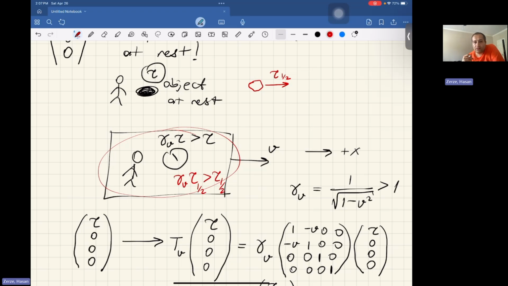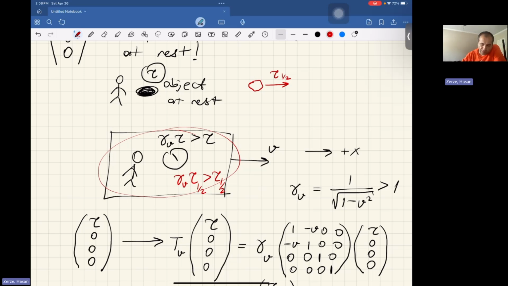So observers moving at a certain speed will measure the half-life or the decay time of some material to be longer. This could be taken the other way around as well. If you are at rest as an observer, but the object is moving with a speed, we expect the object to decay slower according to us.